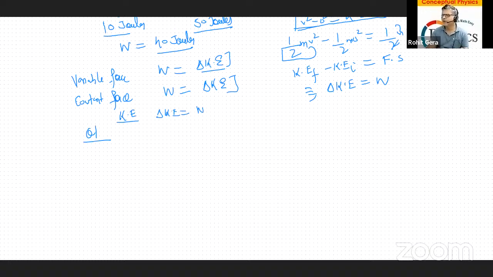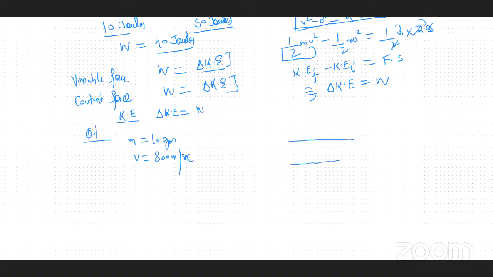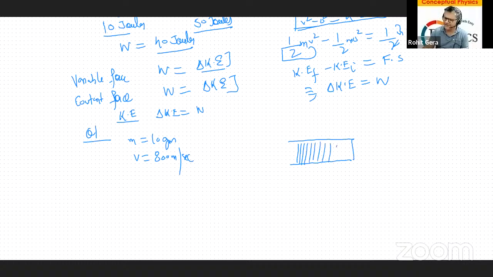So you have a bullet which is 10 grams, and that bullet is fired with a velocity of 800 meter per second. This is the initial velocity, and it gets inside a muddy wall. So this is your muddy wall through which it enters, and then it stops after some time.